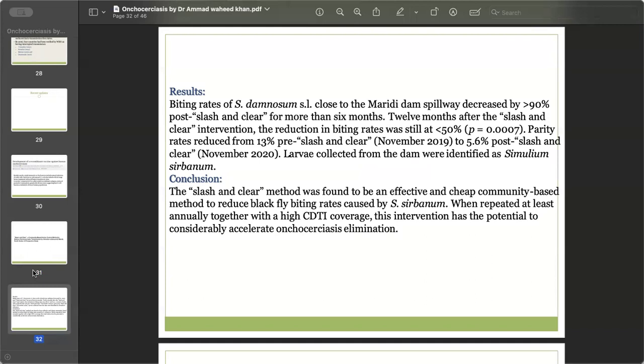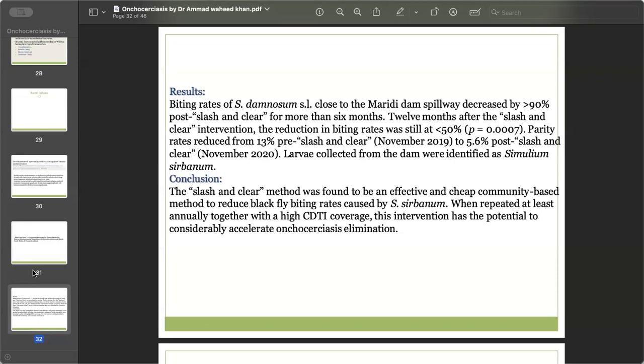Parity rate reduced from 13% pre-slash and clear to 5.6% post-slash and clear. Larvae collected from the dam were identified as Simulium damnosum.